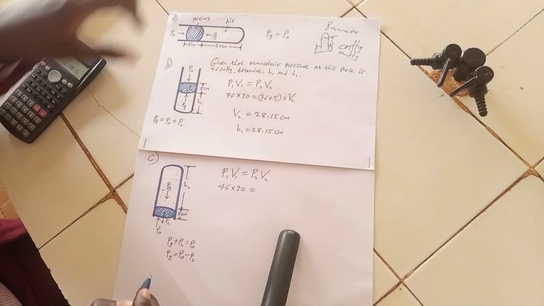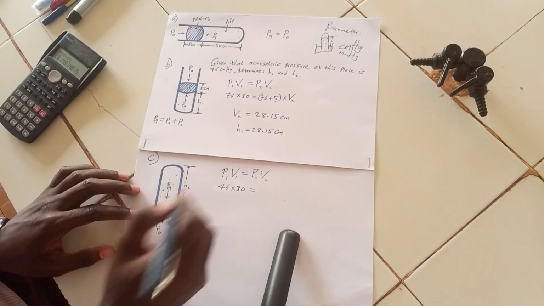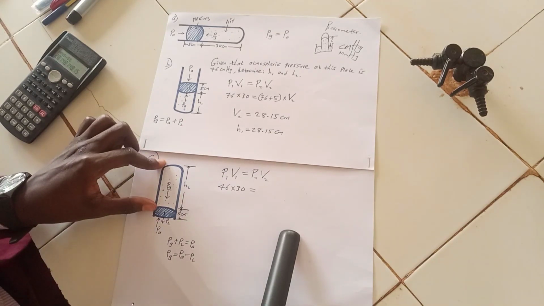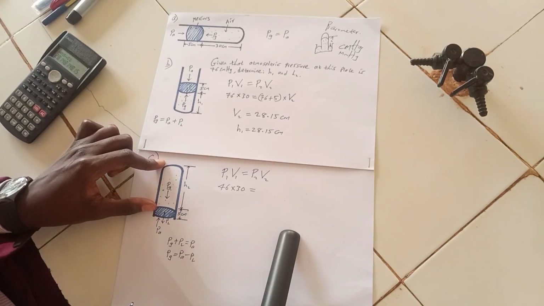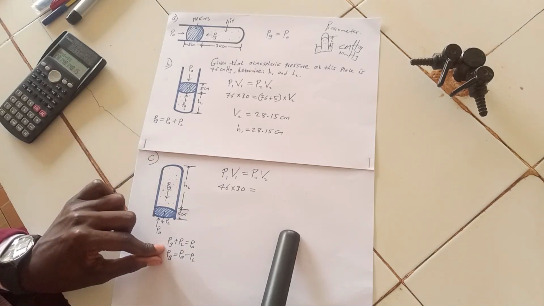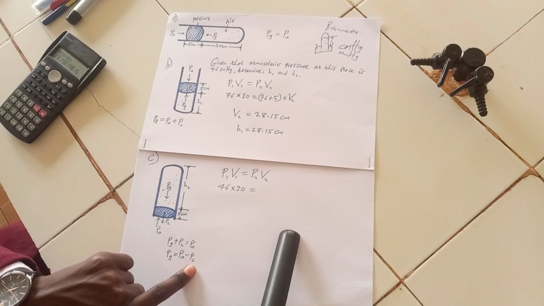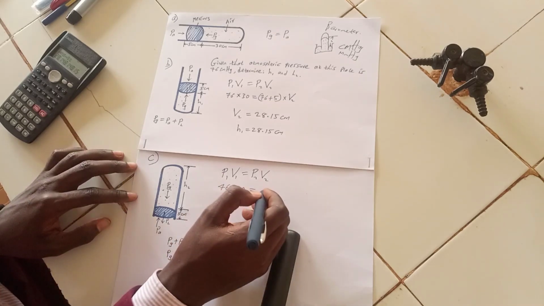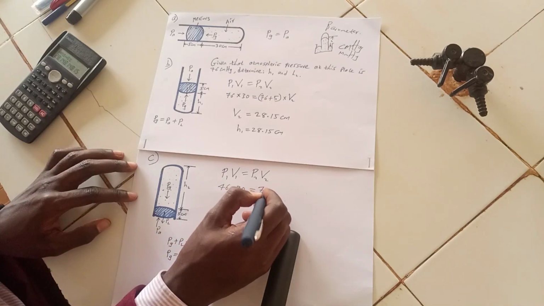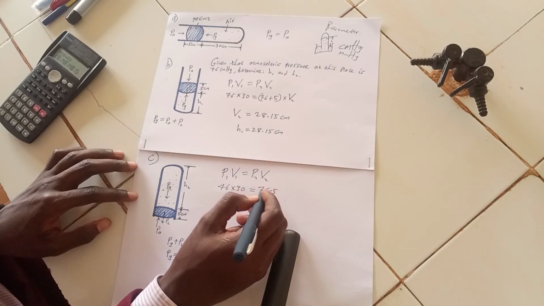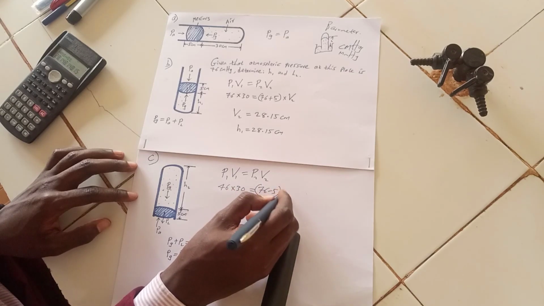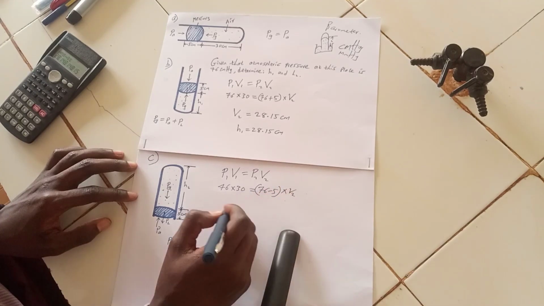Then pressure 2, the pressure of the trapped gas here, which we do not have, but we know pressure of the trapped gas is equal to atmospheric minus pressure due to the liquid. So it means 76 minus 5 times volume 2.